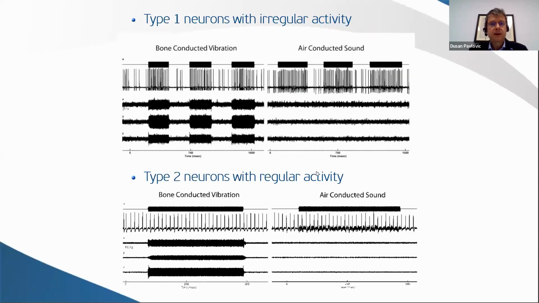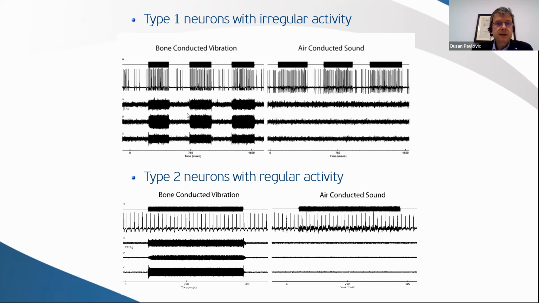Here are results from electrophysiological measurements where we stimulated the inner ear with bone conduction vibration and also with air conducted sound. The upper part shows the response from type 1 neurons, which are innervated with irregular vestibular afferents.